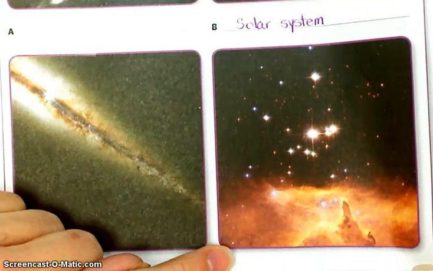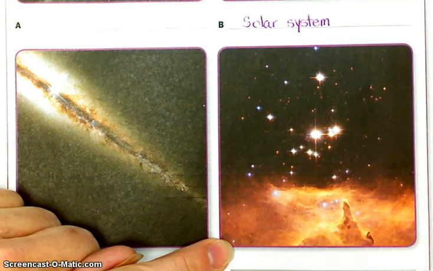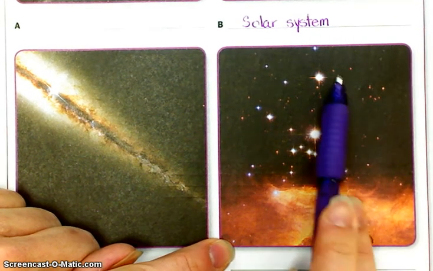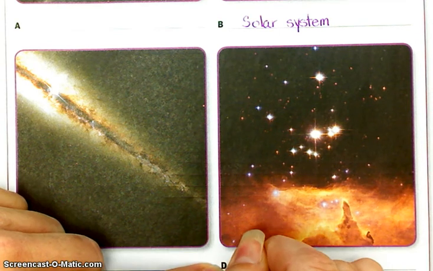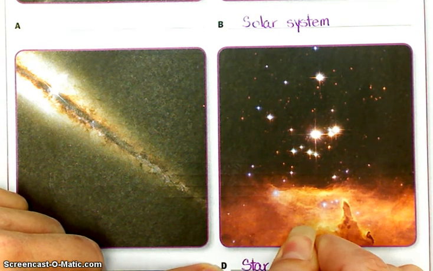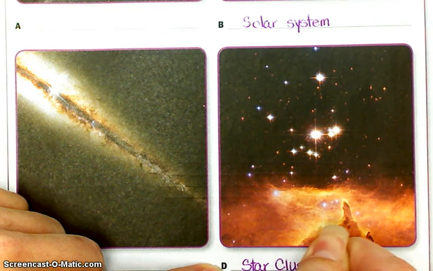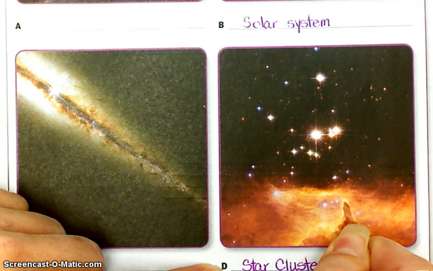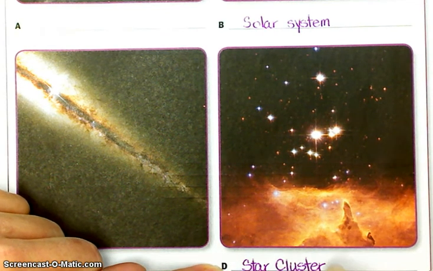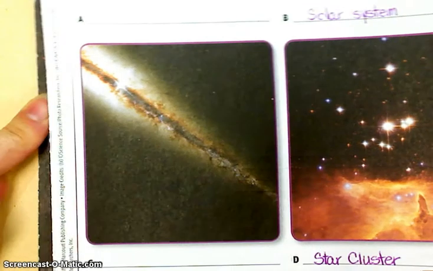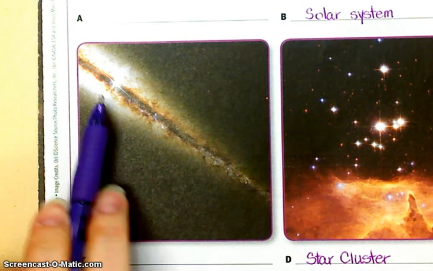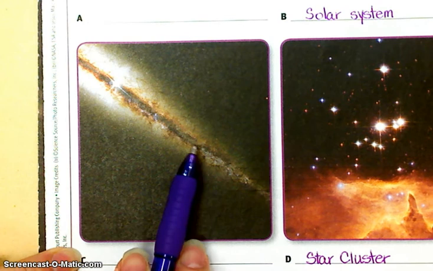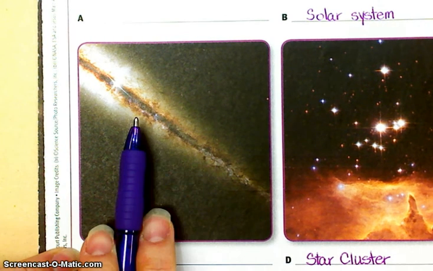Down here, if you look, here's a nebula and a cluster of stars. So this is going to be a star cluster. This picture, C, is actually like a side-on view of a galaxy. This might be something like the Andromeda Galaxy or the Milky Way Galaxy.